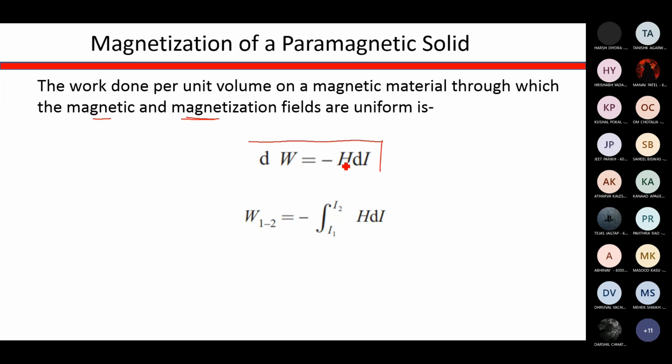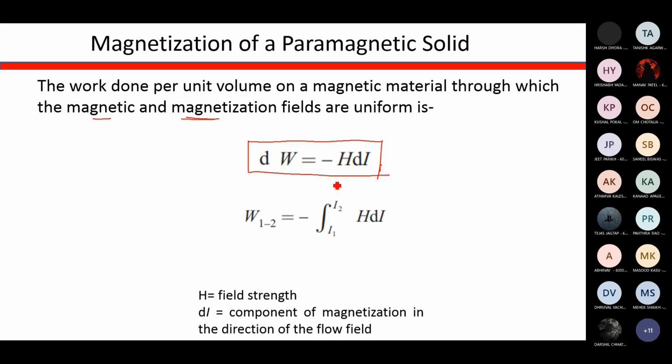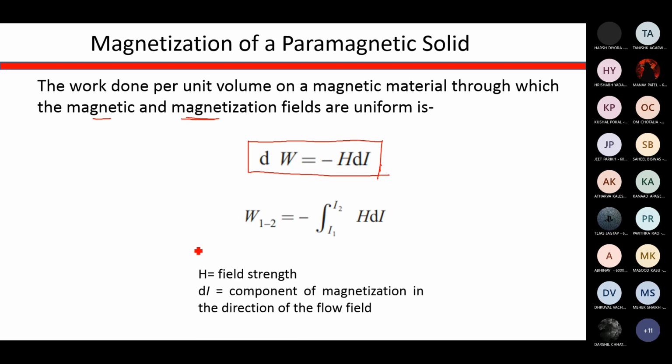The expression is dW equals minus H dI. You may know these symbols. H is the field strength, and dI is the component of the magnetization in the direction of the field. This is for the elementary work, and the total work done in magnetization will be given by this expression.